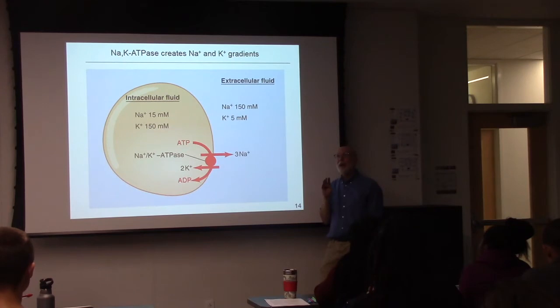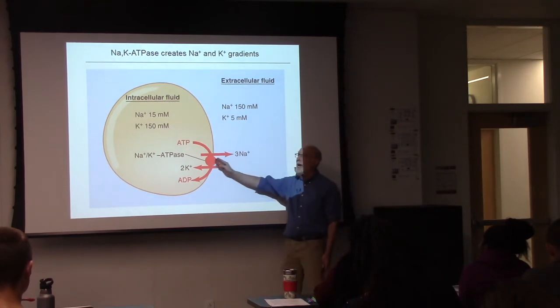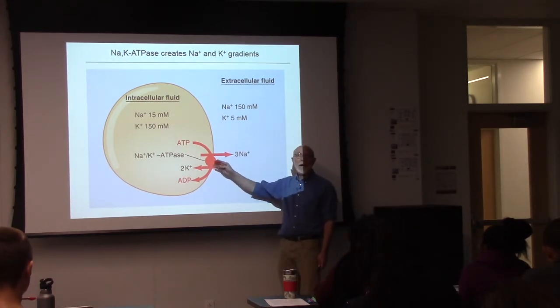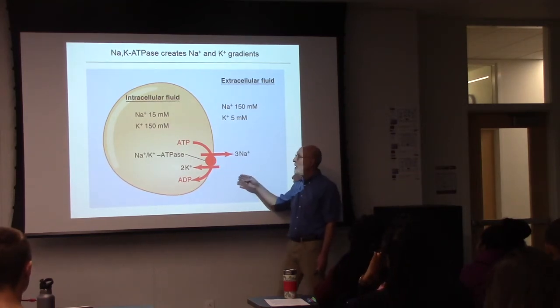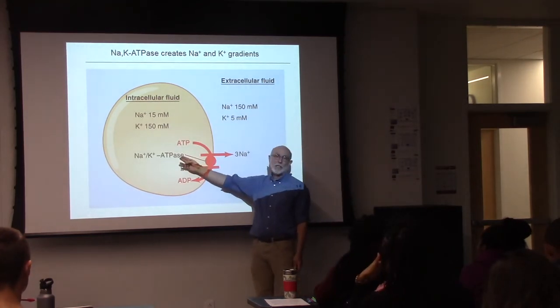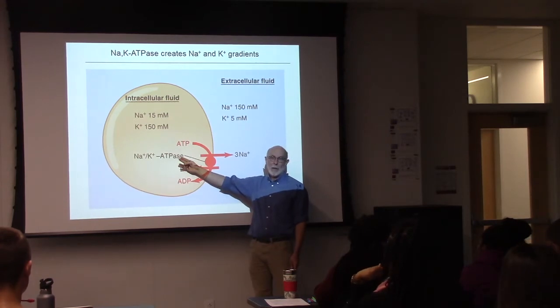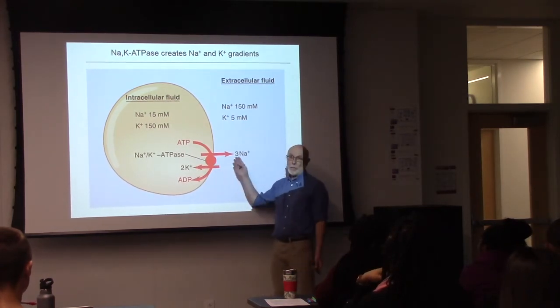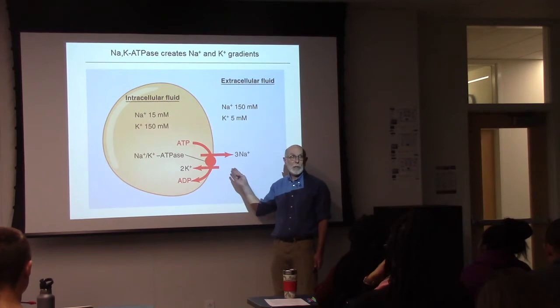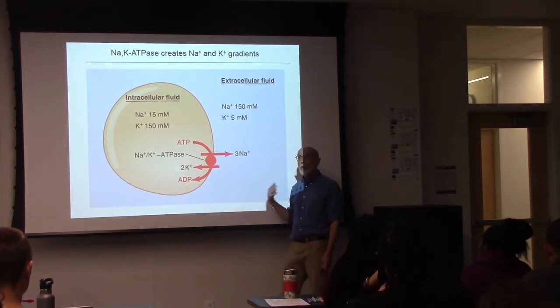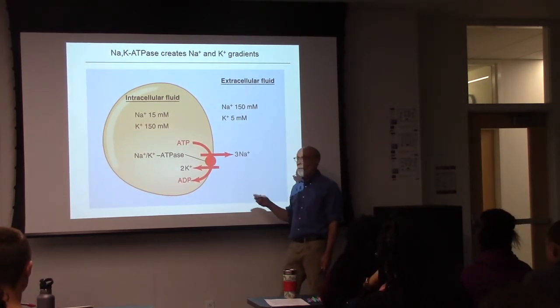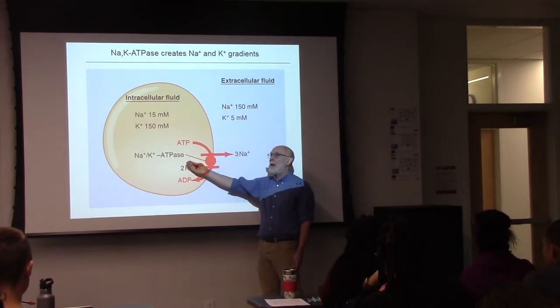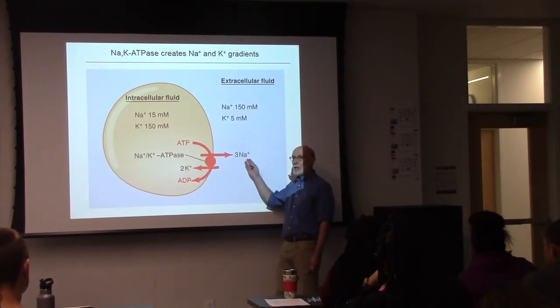That fact by itself means that the ability of this protein to pump is affected not only by the presence of ATP, and not only by the presence of its solutes, but by the voltage of the cell, because it is trying to pump solutes out.